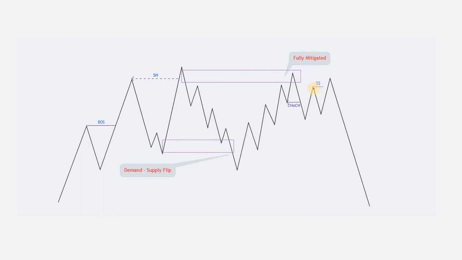So once again, because this move downwards could not clear the liquidity or could not break the structure, then we most likely suspect that it's going to be liquidity inducement for price to actually run through and continue its downward movement. Okay, so with that said, we move on to the next slide.